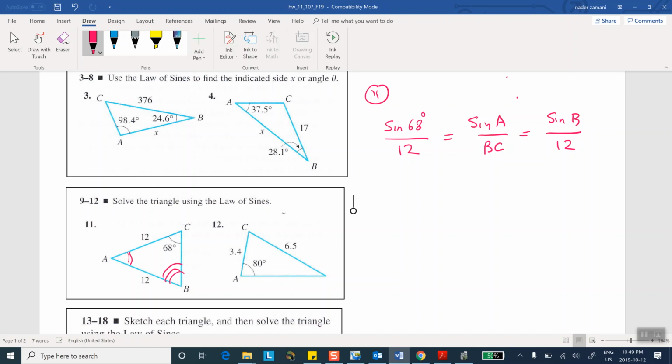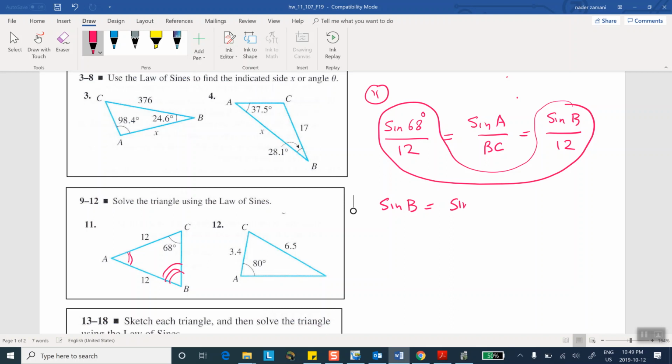Okay, so when I look at this thing, I can find sine of B. So sine of B is equal to sine of 68.